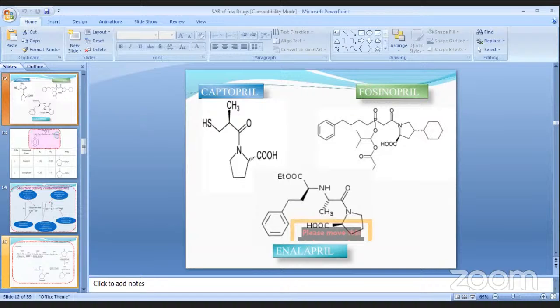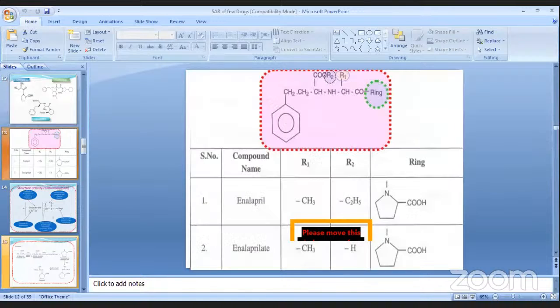So pyrrolidine is the basic moiety of the molecules. If you see the general structure of the molecules, there is a benzene ring, a pyrrolidine ring, and R1 and R2.